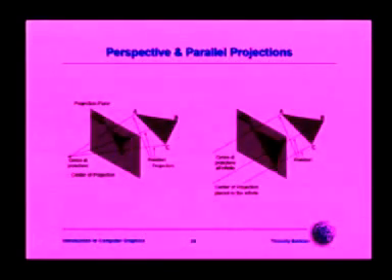Then you don't want them to change in size. You want them to be precise and useful for taking measurements. So, I'm not saying that perspective projection is useful and parallel projection is not useful. They're both useful, but for different purposes.